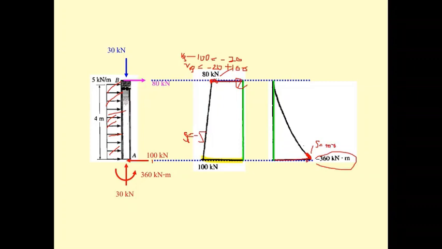The slope will change until here, and see there is no moment here. So moment here is 0, and you have to put the slope here. The slope here is going to be 80. So the shape of the shear diagram and moment diagram is going to be like this.